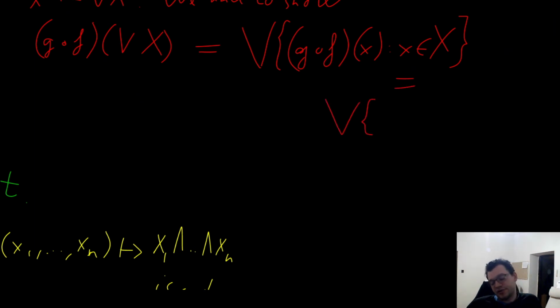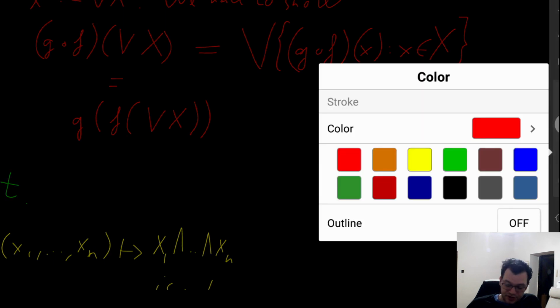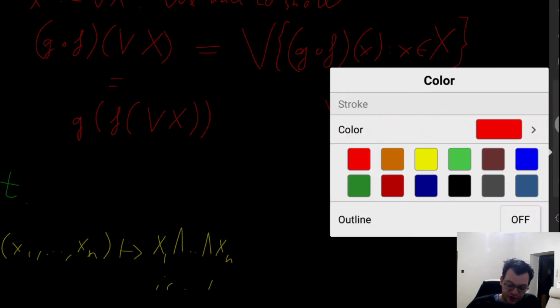So g circle f of X star is just g applied on f of the supremum of X. Here f is continuous, so I can start with just this part.